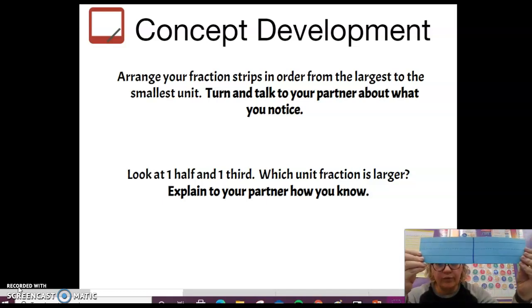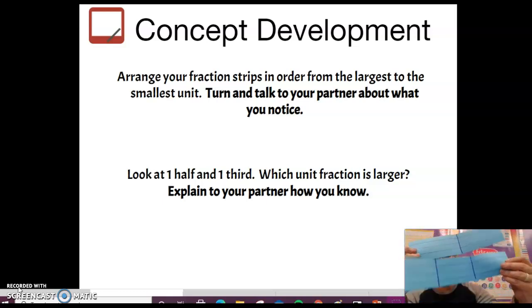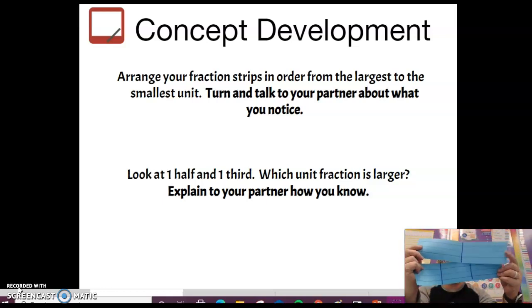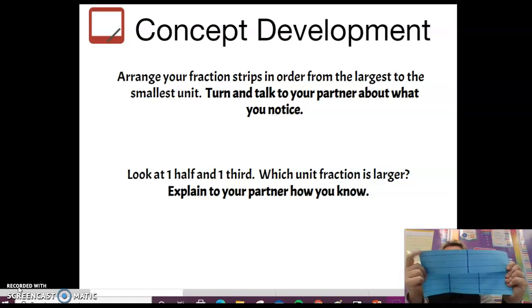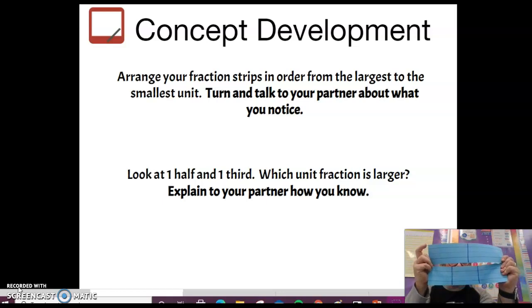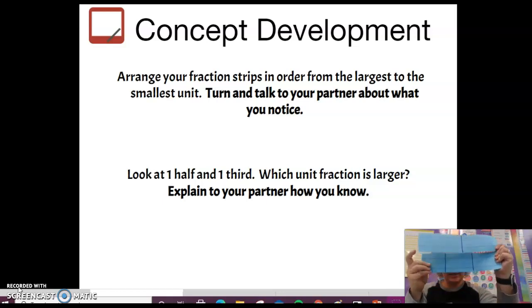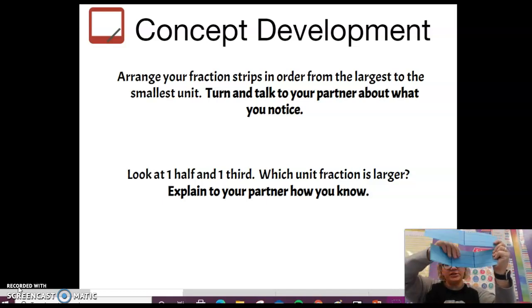Well, which fraction is bigger, 1/2 or 1/3? So again, we go back to the cookie. Would you rather have half of this cookie or 1/3 of this cookie?